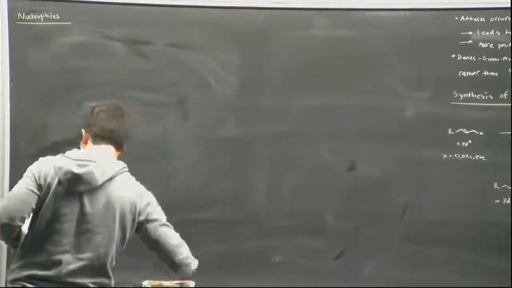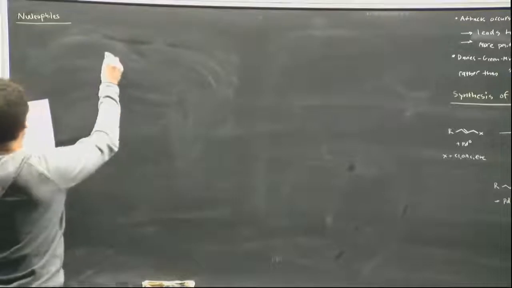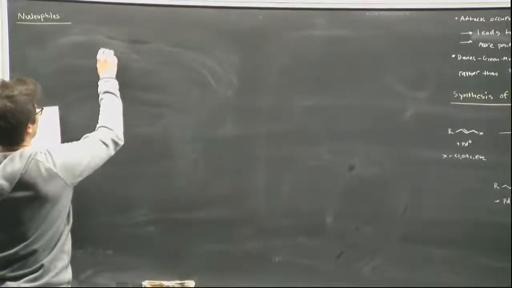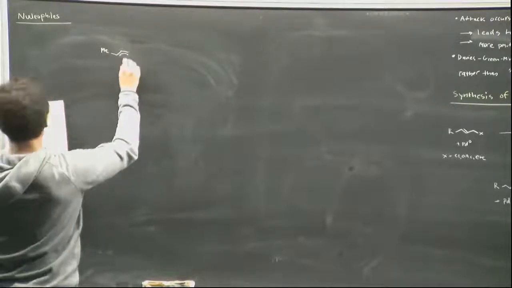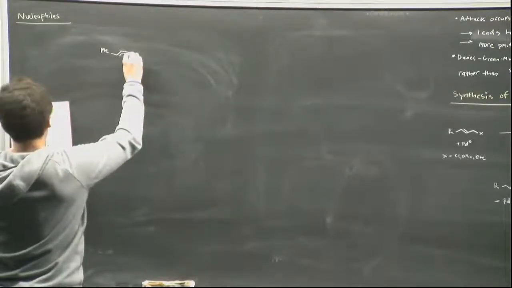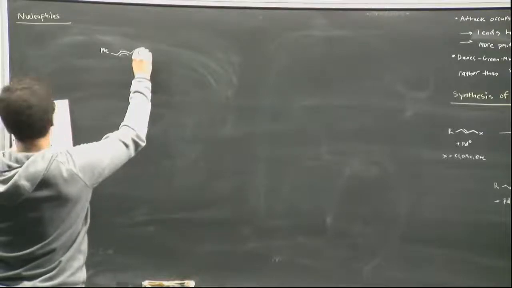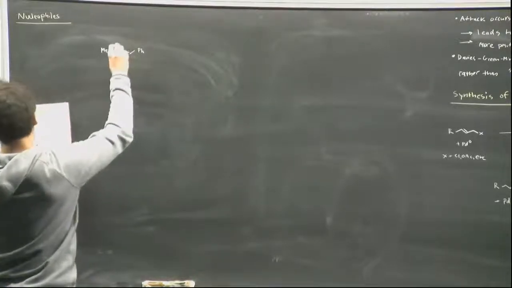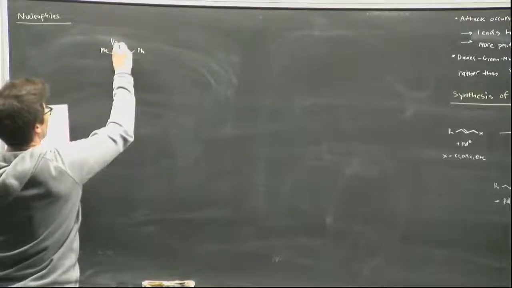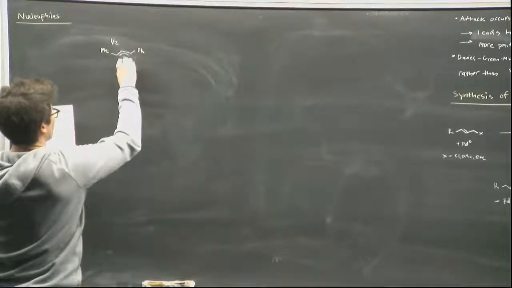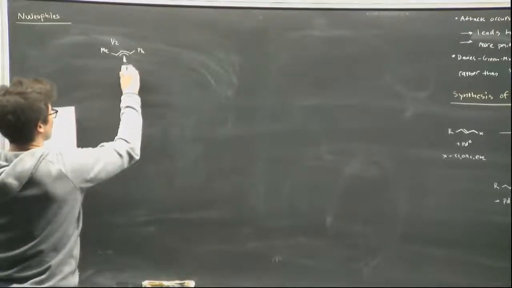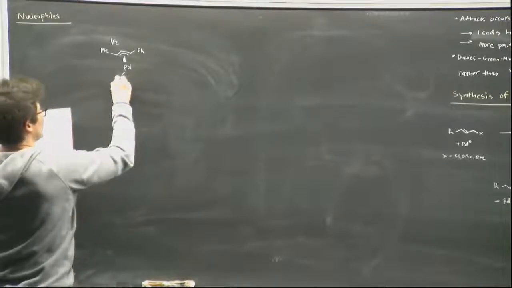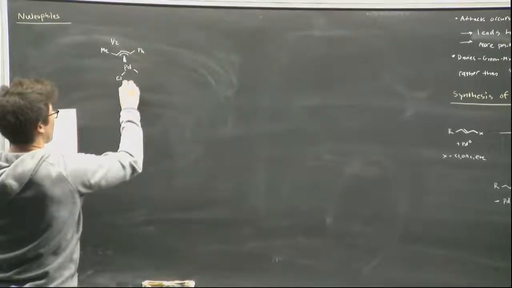So with palladium, a very high percentage of the published examples are with soft nucleophiles. And so when in doubt, if you see something with palladium and you're not sure, just assume that it's soft.